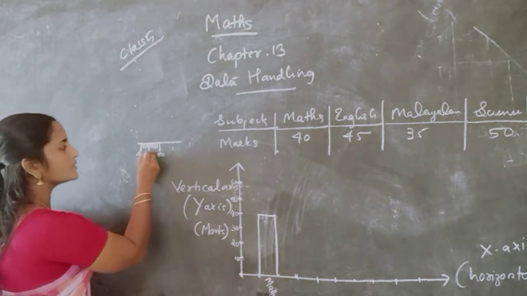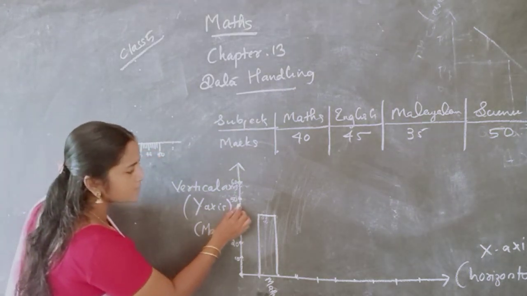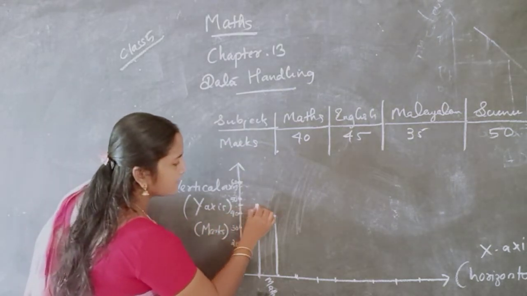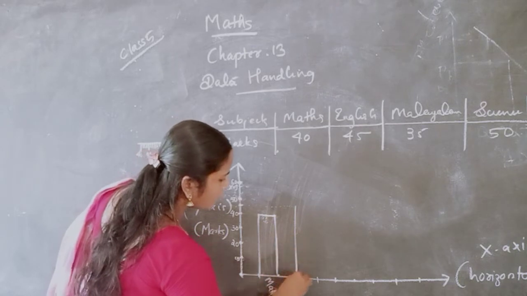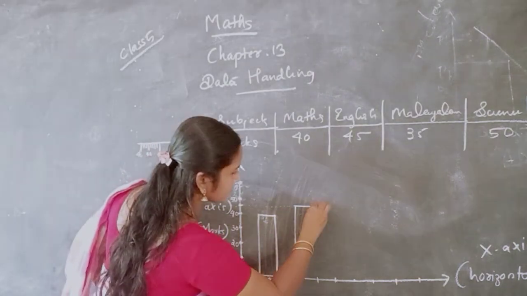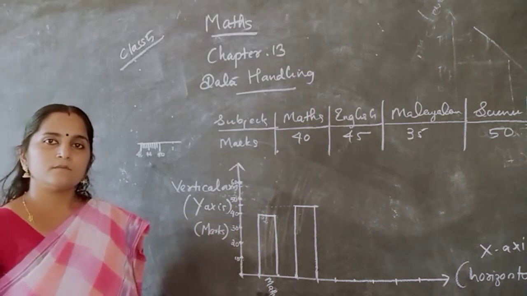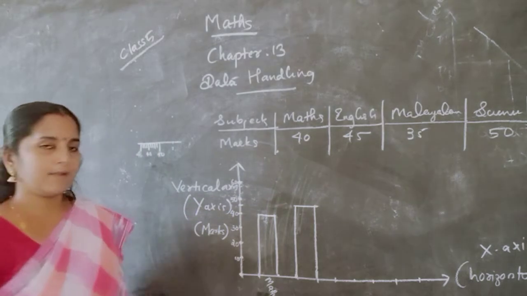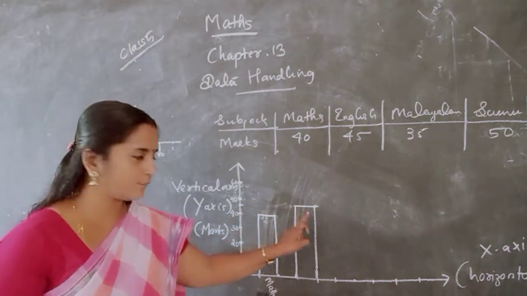The correct center is 45. So where does 45 lie? Here. So draw another rectangle up to 45 like this. No need to draw this line; you just use your scale to mark the correct 45.